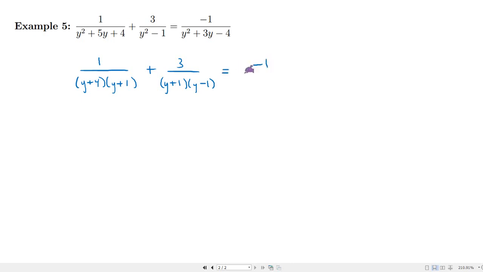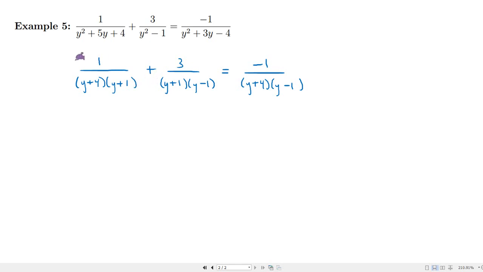And then this one is a y and a y. We want the product to be minus 4, but the sum to be positive 3. So we're going to have the positive be the 4 and the negative be with the 1. Okay, so what are we missing? So y plus 4, y plus 1. Comparing it to this one, we're missing the y minus 1.